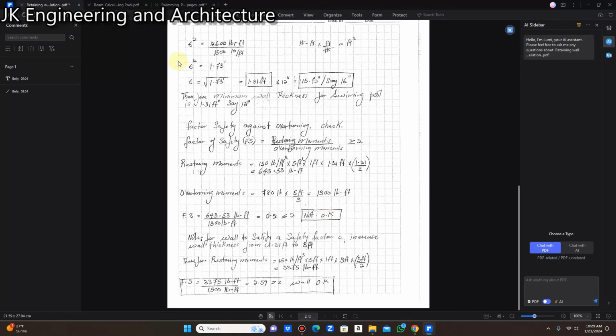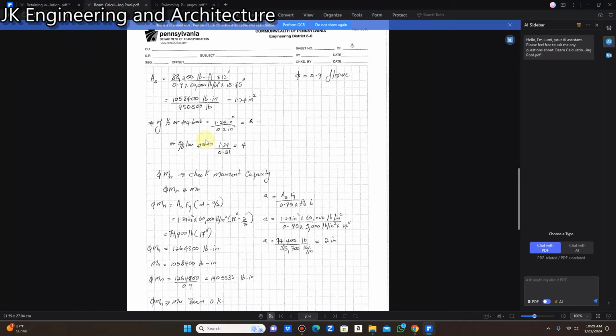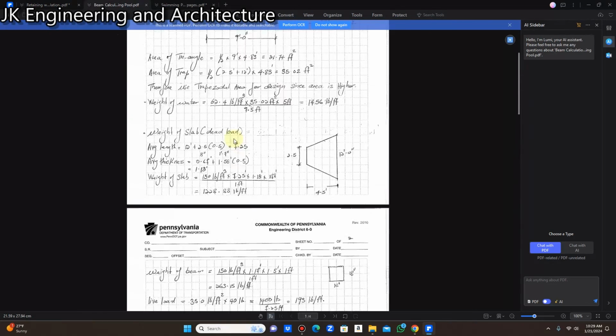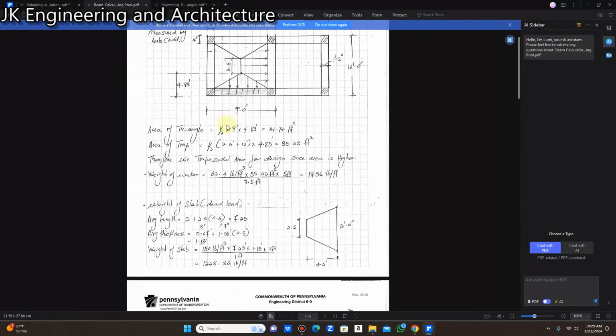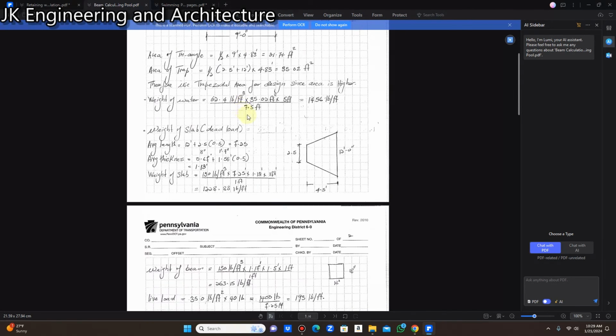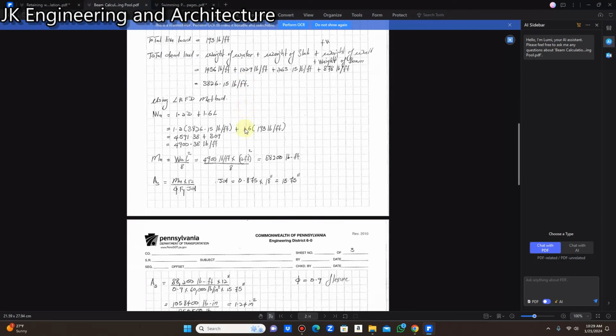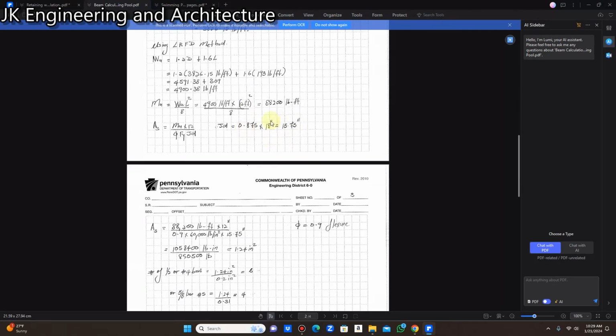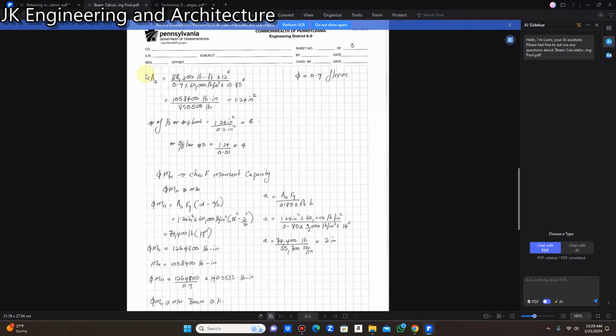So I'm going to quickly show you the beam calculation. A lot of calculation went into it. So I use this beam here to govern the design. I'm not going to go through the design. All I'm going to talk to you about is the area of steel. So the area of steel works out to be 1.24 inch square. If I'm going to use half-inch bar, it's going to work out to 6 half-inch bars.